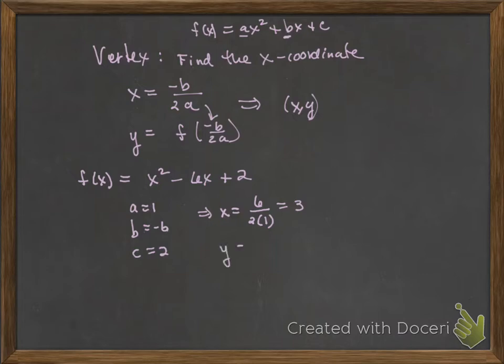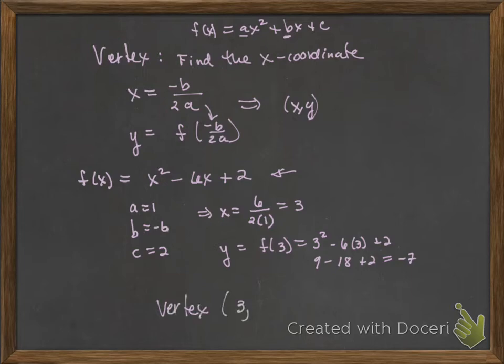To find the y-coordinate, you plug 3 into your quadratic: 3² - 6·3 + 2, or 9 - 18 + 2, or 11 - 18, which is negative 7. So our vertex for this quadratic is (3, -7). Okay, excellent.